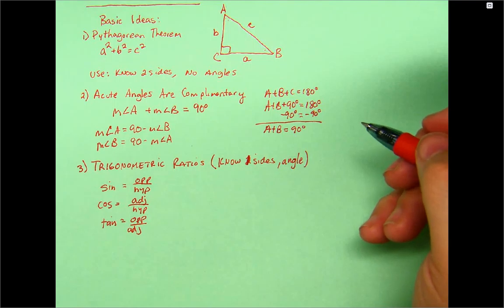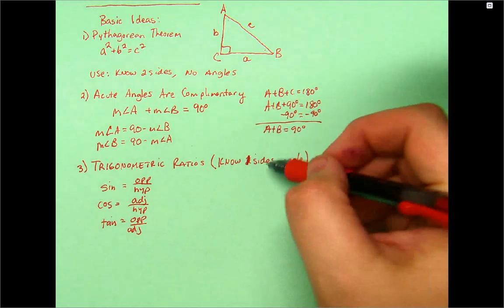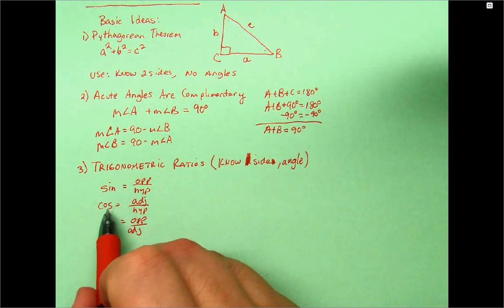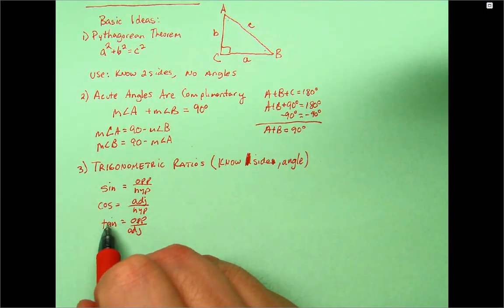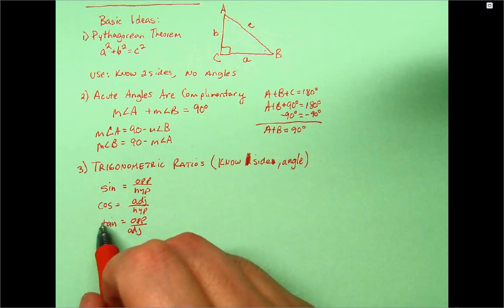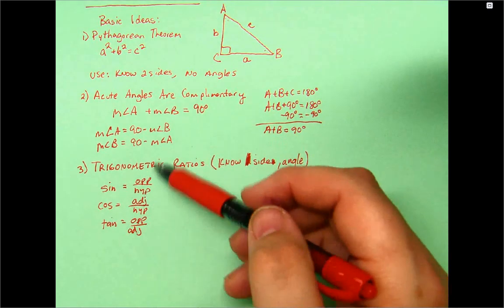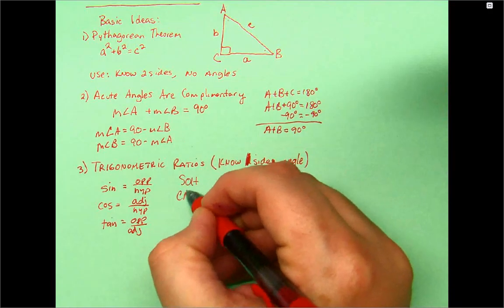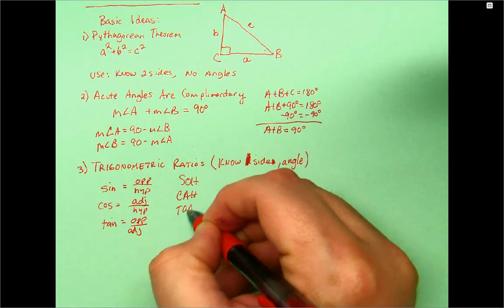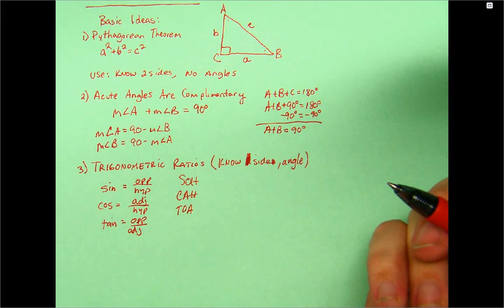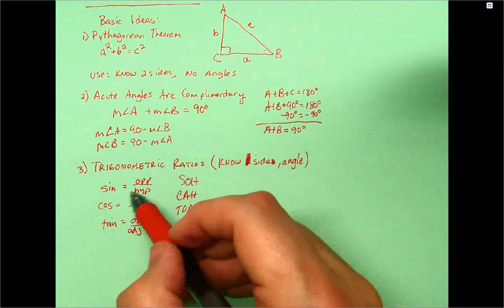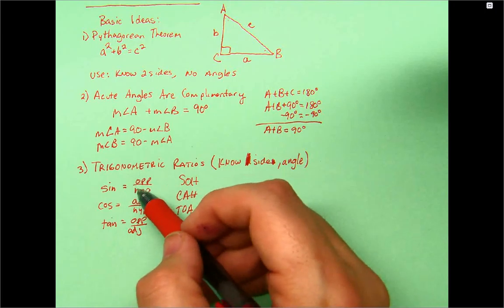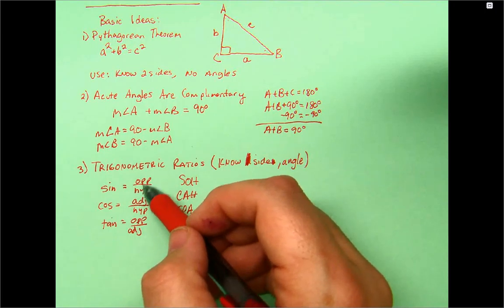So if you know one side and one of the angles, then you can build the sine, the cosine, or the tangent for whatever angle you have, and just using SOHCAHTOA, which is what we have here, you can set up this equation and solve it for whatever side is missing.